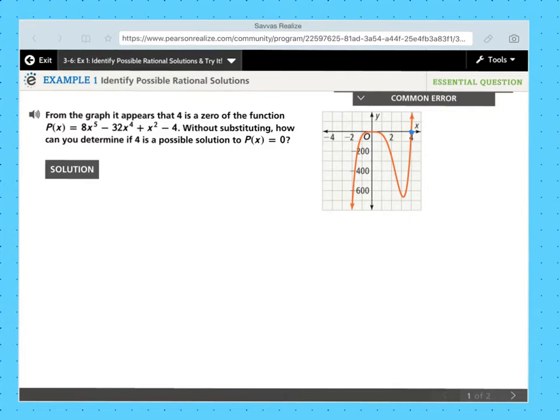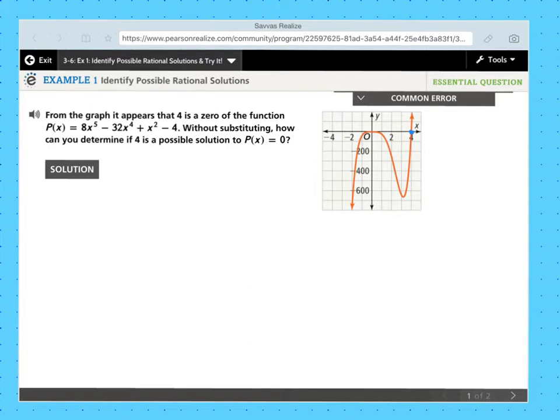Without substituting, how can you determine if 4 is a possible solution to p of x equals 0? So our natural instinct is to plug it in. So here it's saying don't plug it in. And then therefore we have to use something different. And that's when we have to use the rational roots theorem.